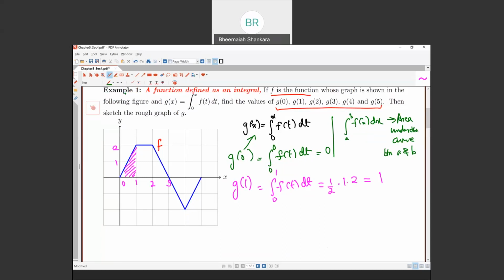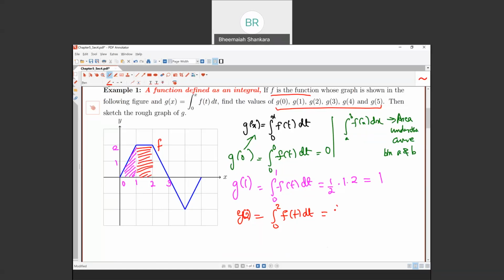Similarly, let me try doing a calculation for g of 2, the integral from 0 to 2 of f of t dt. From 0 to 2, you have two types of figures here. The first, 0 to 1, is a triangle. What about 1 to 2? It's a rectangle.